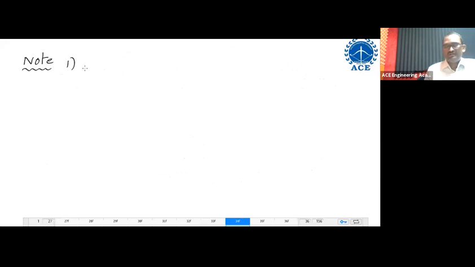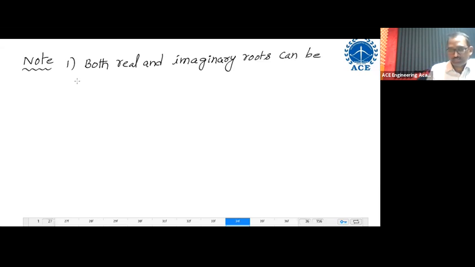Remember, in the regular falsi method and bisection method, we can find only real roots, whereas in the secant method, both real and imaginary roots can be determined.